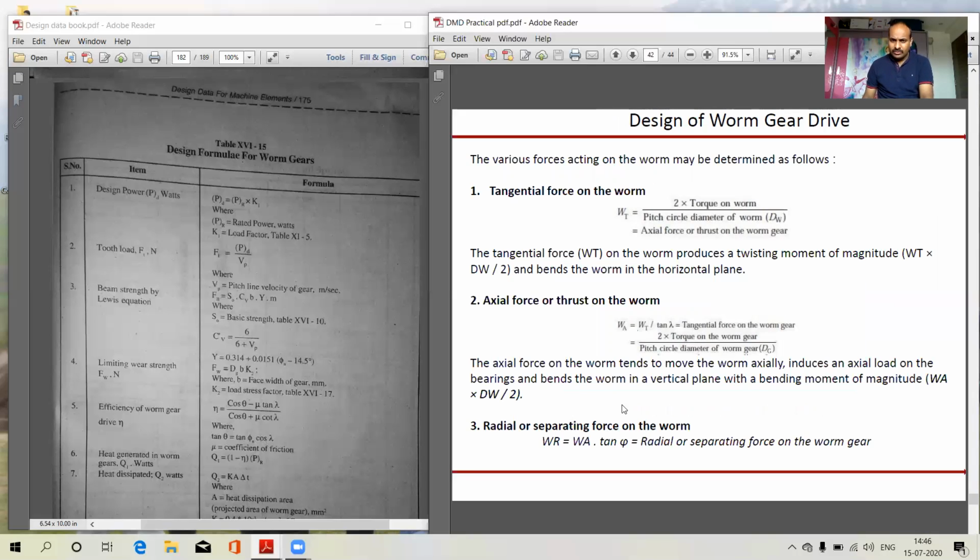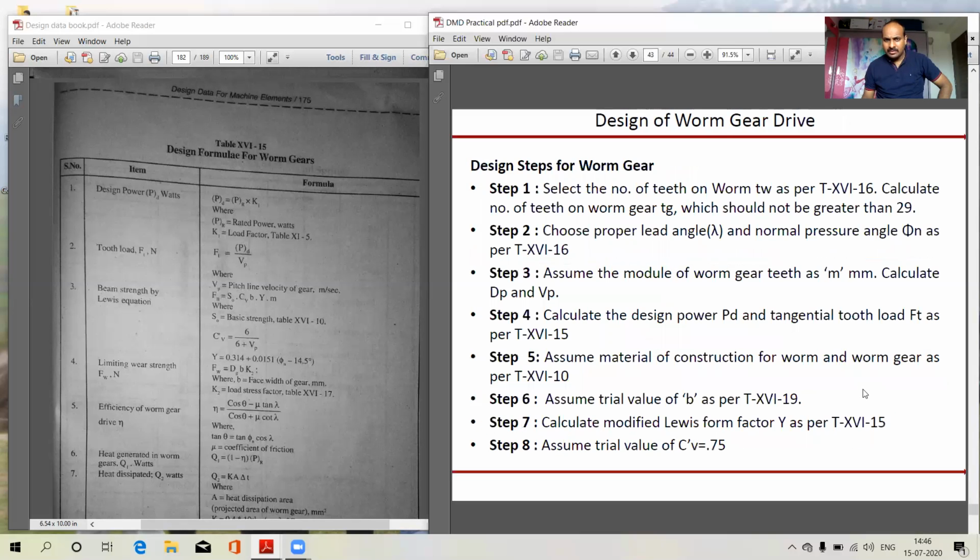The axial force on the worm tends to move the worm axially, induces an axial load on the bearing, and tends to bend the worm in a vertical plane with bending moment of magnitude WA into diameter of worm by 2. Radial load and tangential load we have already discussed in earlier chapters.